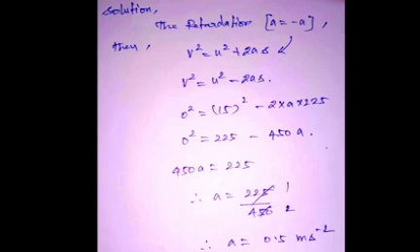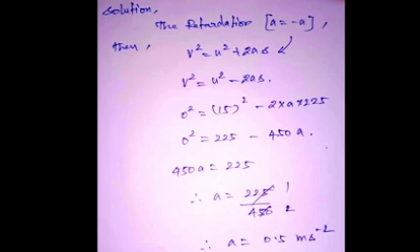Now we solve the problem, students. Already I told you retardation means negative acceleration. Therefore the acceleration is converted into minus a. Using the third equation of motion, I am going to find the acceleration, that is retardation. So v square equal to u square plus 2as, and substitute a equal to minus a. Therefore the equation becomes v square equal to u square minus 2as, and substituting the values, we get 0 square equal to 15 square minus 2 into a into 225.